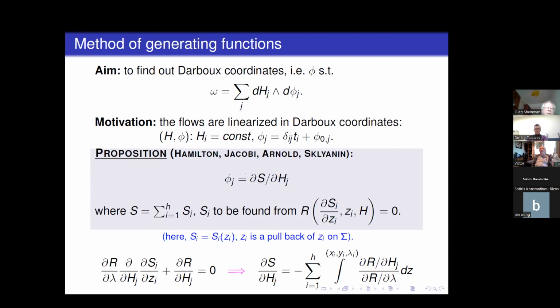The aim of this method is to complete the coordinates hj to a canonical system of coordinates by finding dual coordinates phi j.